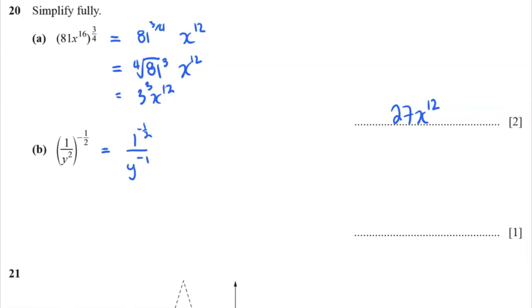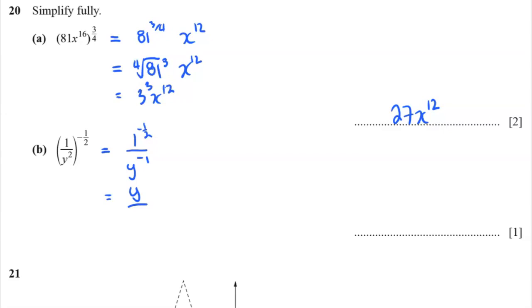When we have negative powers or negative indices, we can make them positive powers or indices by moving them on to the alternate side of the fraction. So the y to the negative 1 can come up to the top and will become y to the positive 1. We don't need to write y to the positive 1. We can just write y.